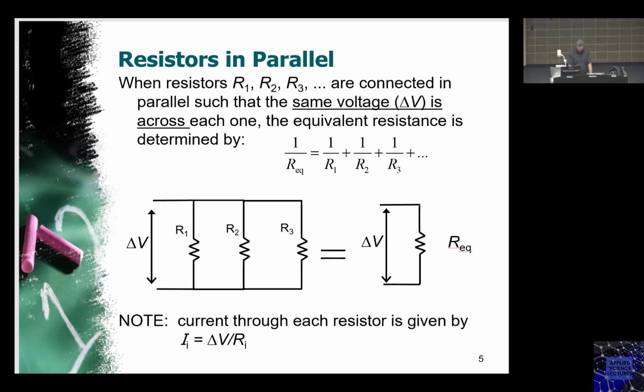What about the parallel? I call two components connected in parallel when they are sharing both terminals. So if you look at R1 and R2, every component here has two terminals. And I can see that R1 and R2 are sharing both terminals.